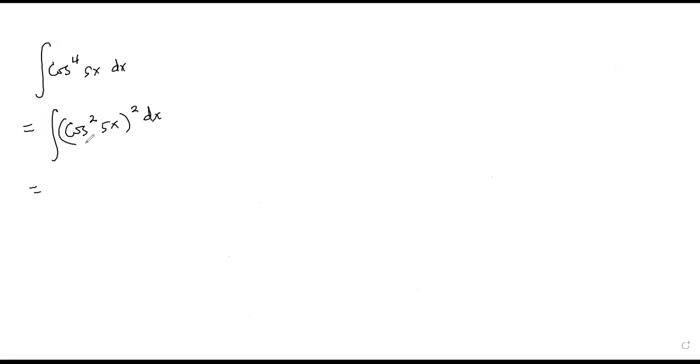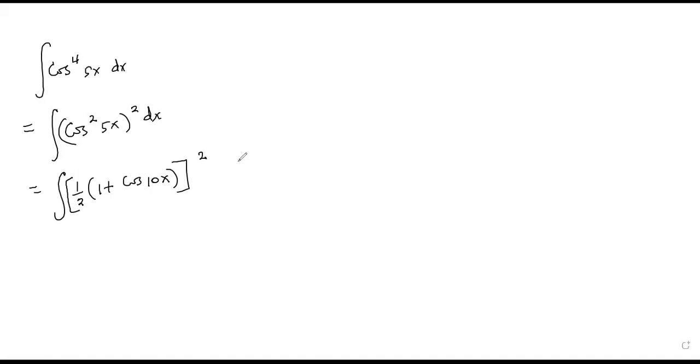When you look at this, it is going to be a half, 1 plus cos 10x, then squared, because the double angle of 5x is 10x.